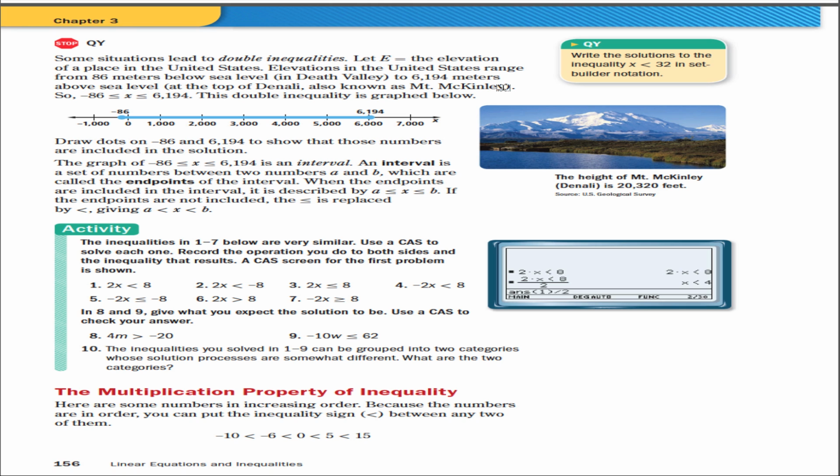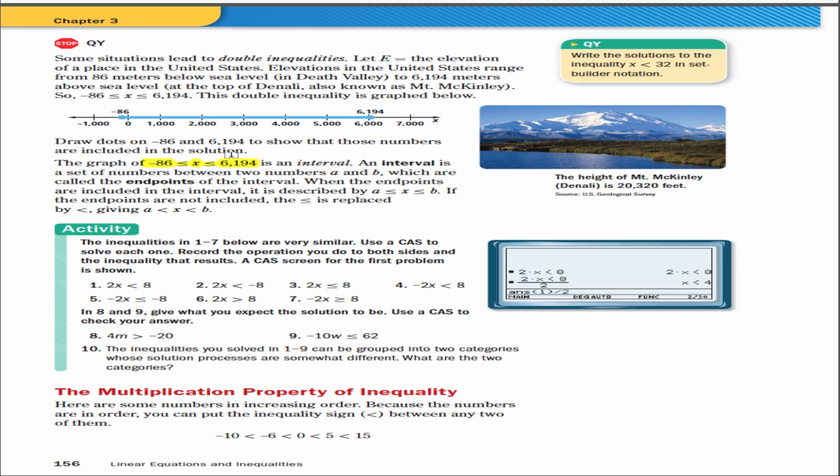That's at 6,194 meters. And so our range of elevations in the United States goes from negative 86 meters, which is less than or equal to x, and x is less than or equal to 6,194. This is an interval.